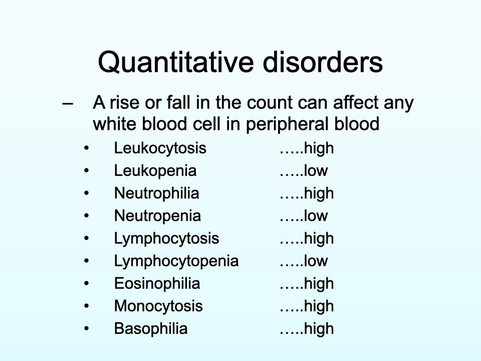If the total number of white blood cells is affected, it is termed leukocytosis, denoting high in number, and leukopenia if low in number. If it involves neutrophils, then it is called neutrophilia if high in number, and neutropenia if low. If it involves lymphocytes, then it is termed lymphocytosis and lymphocytopenia, and also eosinophilia, monocytosis, basophilia, and so on.